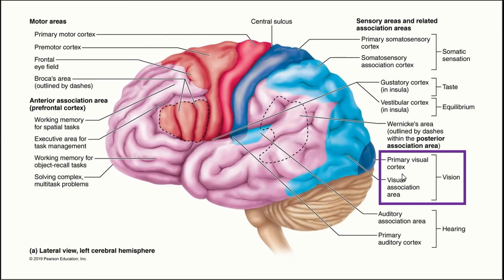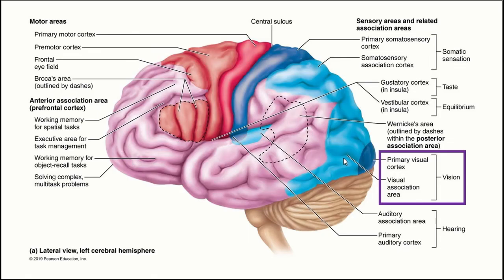So this area is responsible for detecting the visual stimuli that come from the retinas of the eye. And although it doesn't look like it, because the majority of the cortex is actually deep within the brain, we're only seeing a little bit of it right here. In humans, this visual interpretation area is actually the largest of the cortical sensory areas in the human brain, at least. The visual association area surrounds and is just anterior to the primary visual cortex.